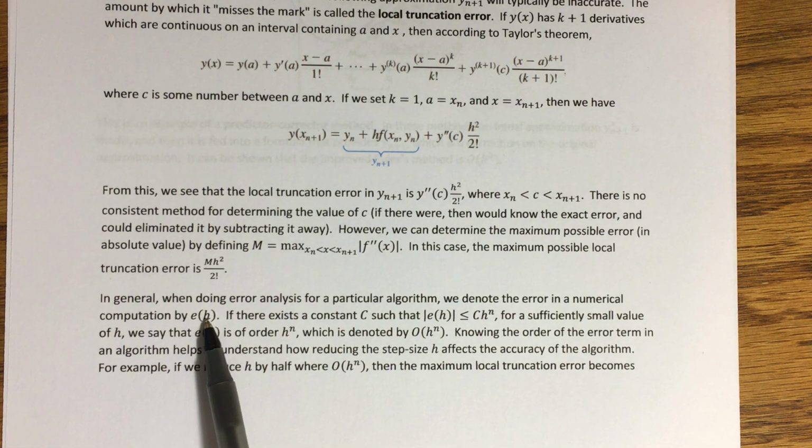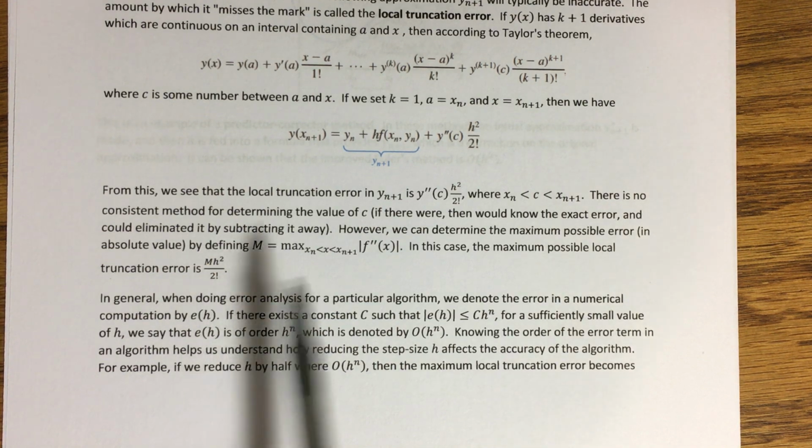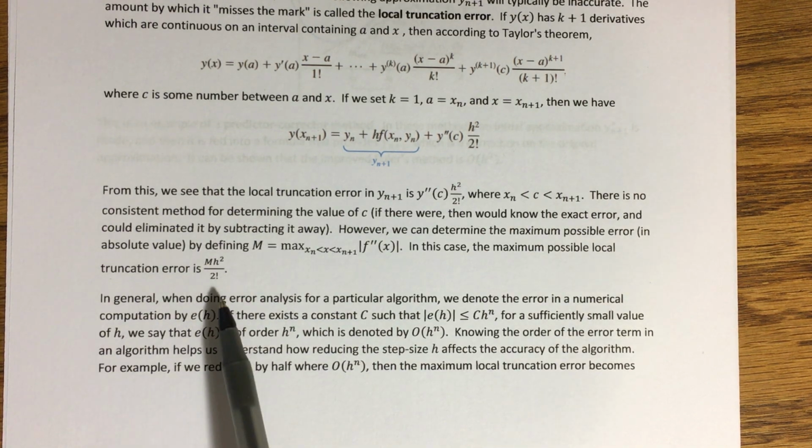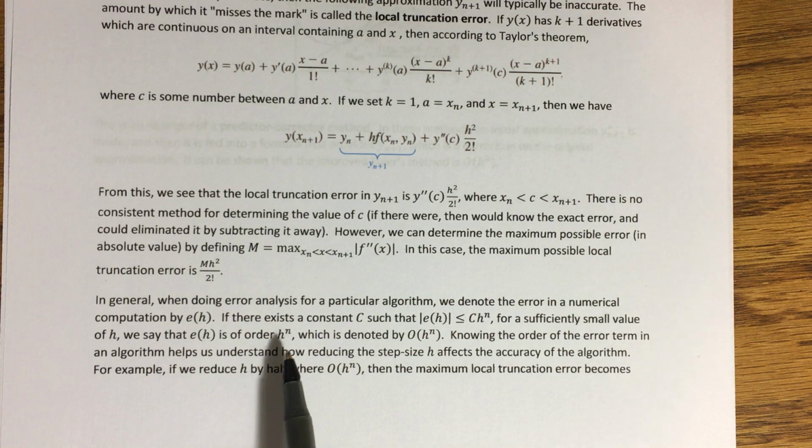And notice it's a function of h. It changes depending on our step size. So for Euler's formula, for a given function where we could determine this capital M, h is the unknown here. We could change our step size and then change this error term accordingly.